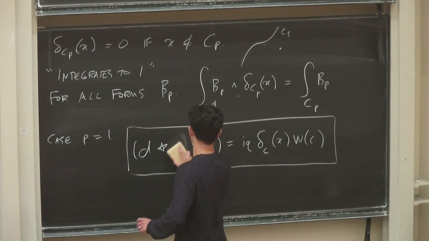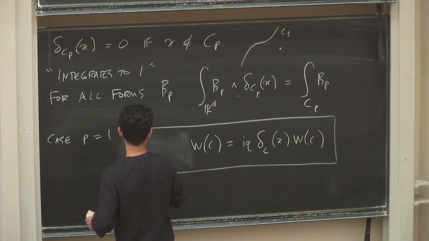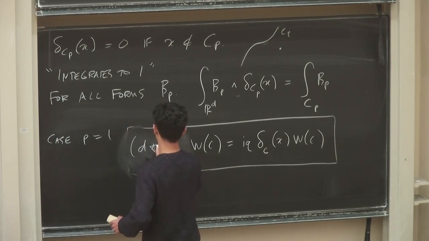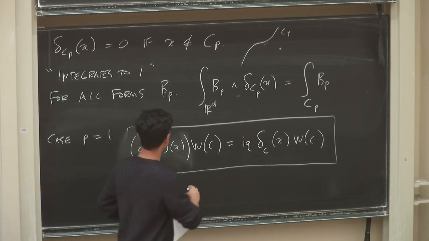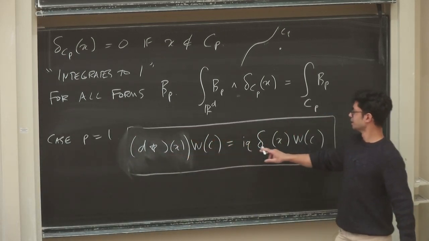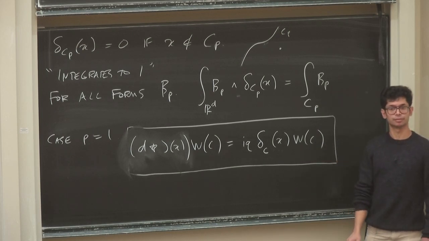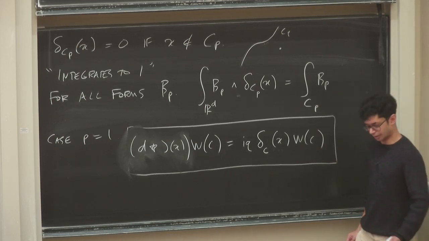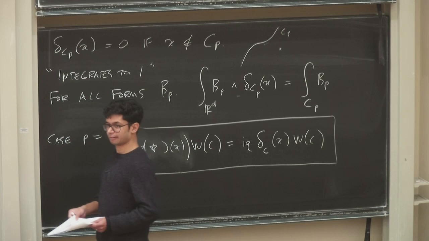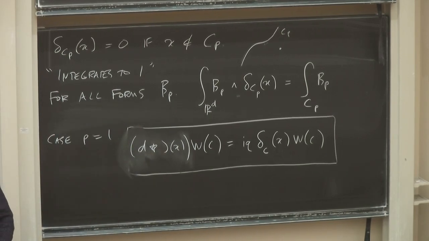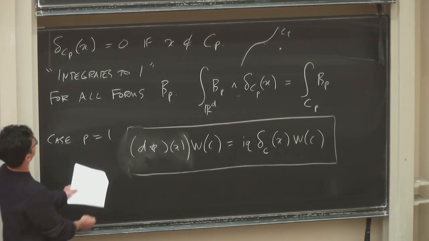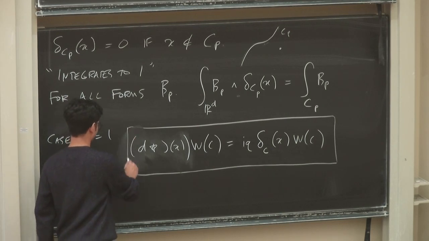Let me just fix this. d star j of x in the presence of W_C is equal to this delta function on the curve times W_C. Okay? All right. So this is exactly equivalent to that thing with the integral.